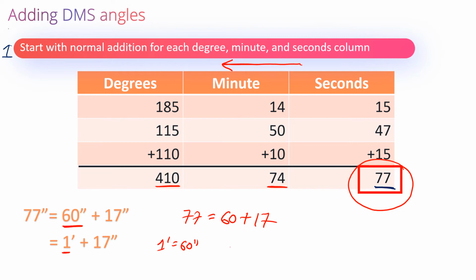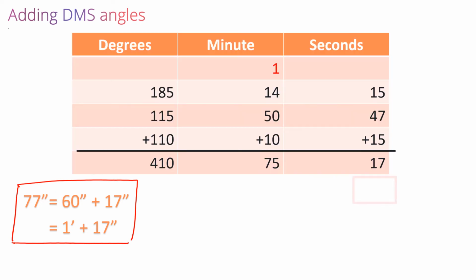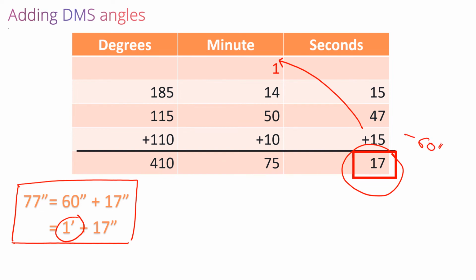So we can write 77 seconds as 1 minute plus 17 seconds. So we write 17 here and we take this 1 to the next column. Basically we are subtracting 60 seconds from here and taking this 1 to the next column.